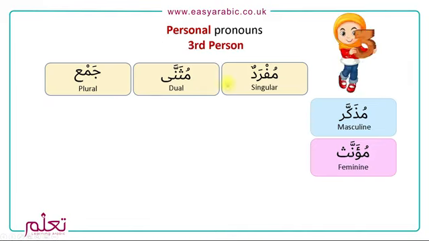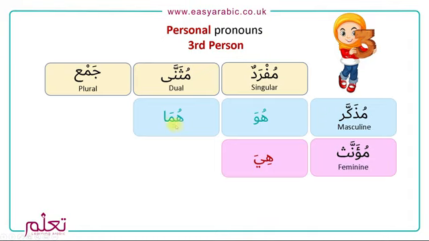And then we have third person. So mufrad, mudhakkar is huwa. Mufrad, muannath is hiya, which is feminine, so singular. Then muthanna mudhakkar is huma, when we talk about two males. And then muannath is huma again. Right? Muthanna muannath is huma.